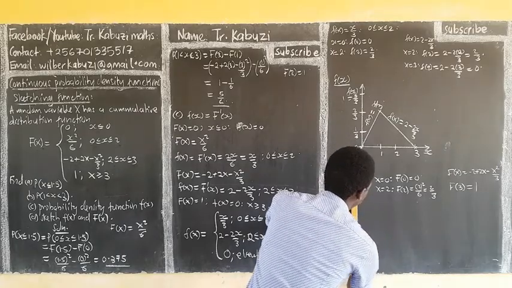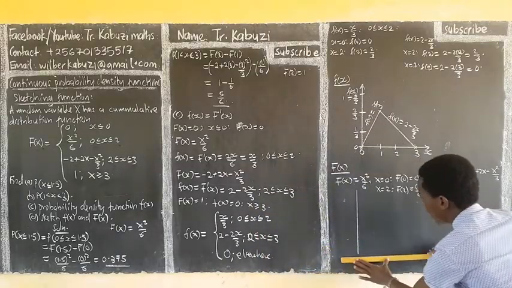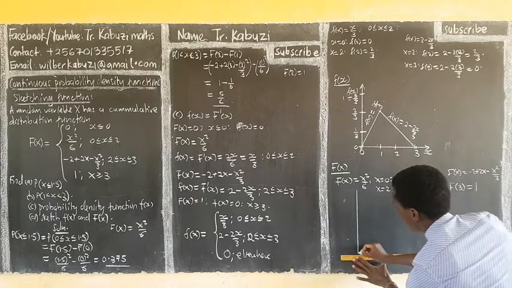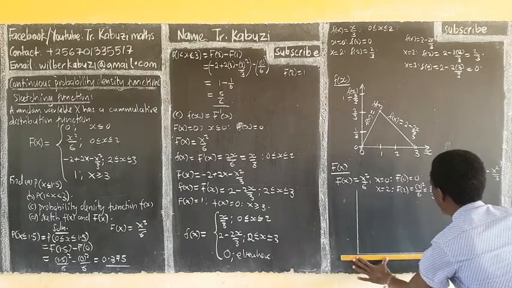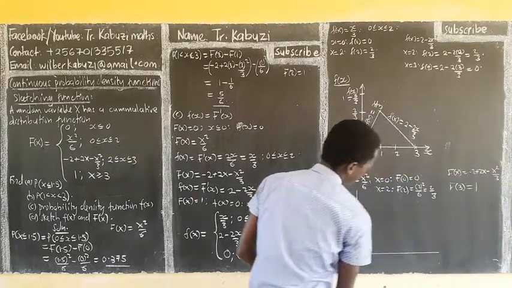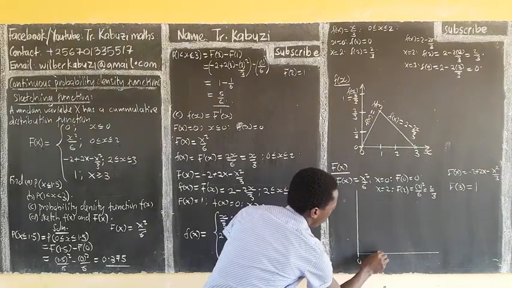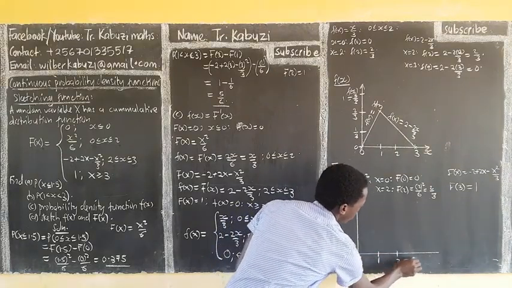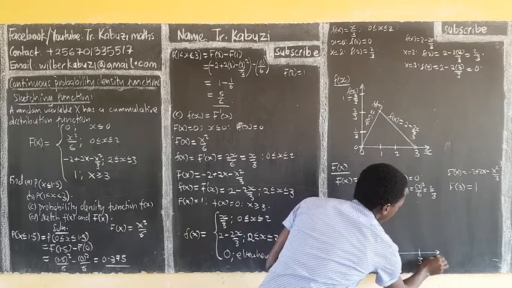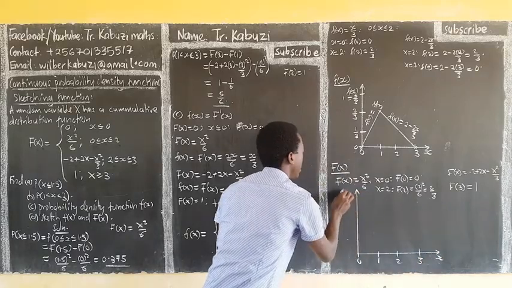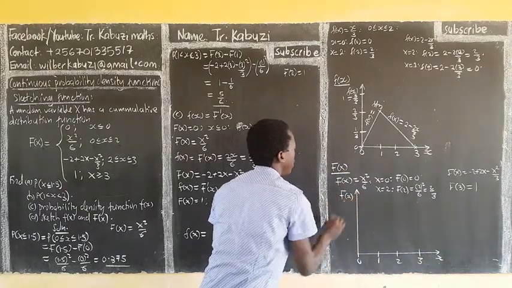So now you come and draw. This is going to be my vertical, and this one is going to be my horizontal, from 0, 1, up to 3. This is my x. We are plotting capital F of x.